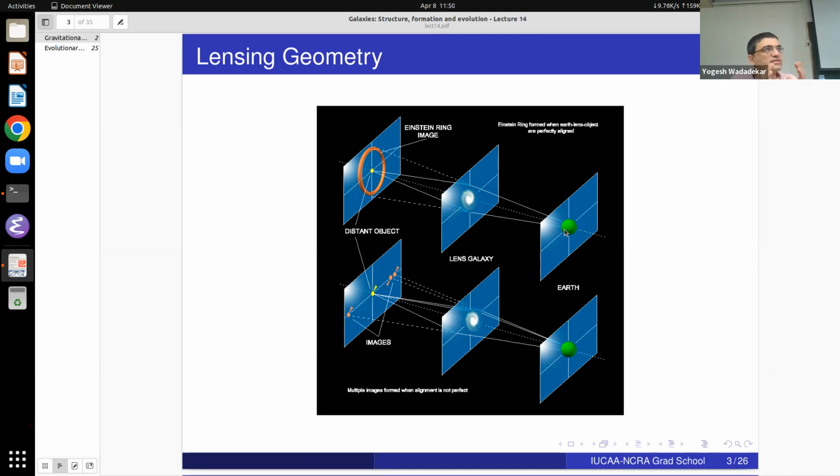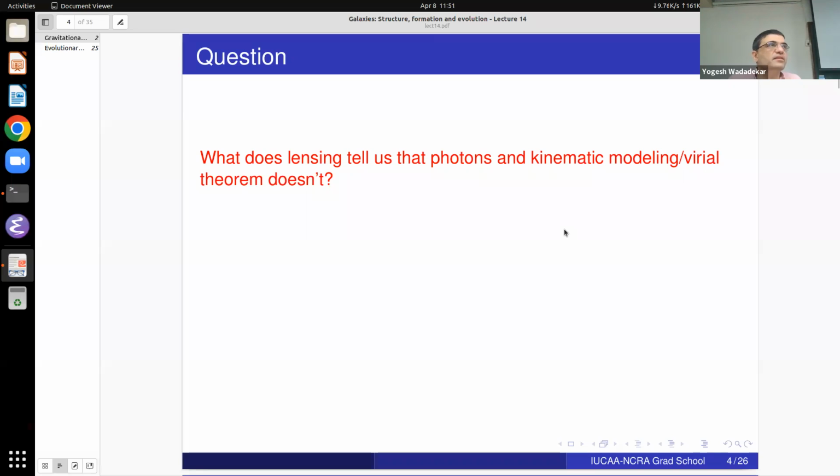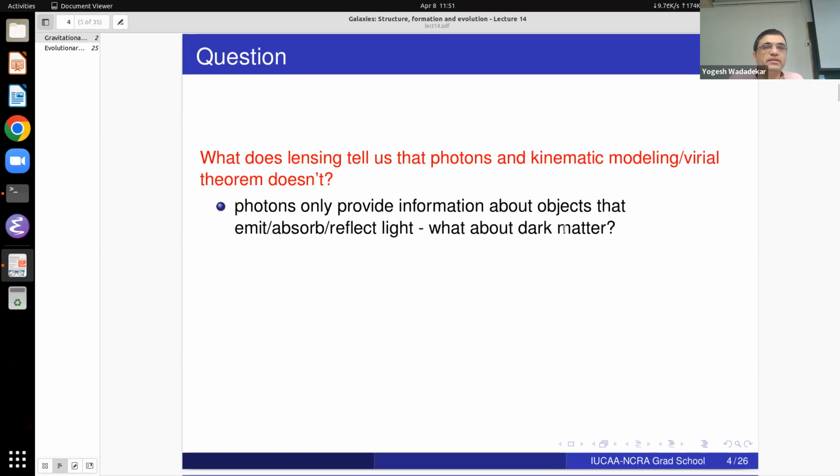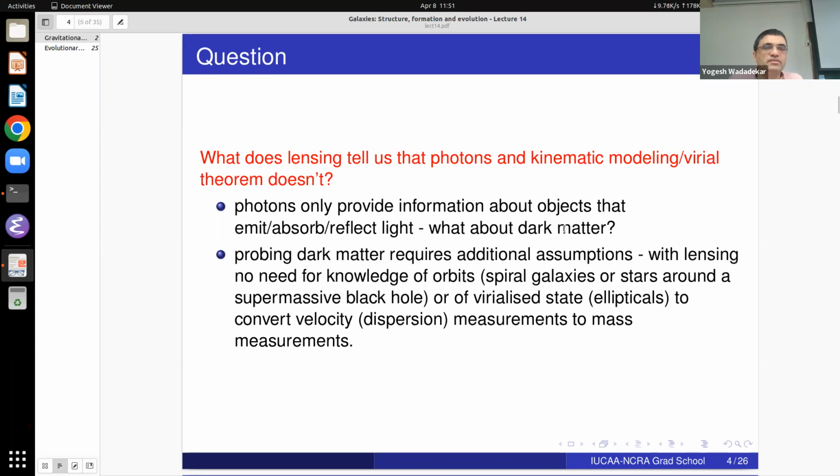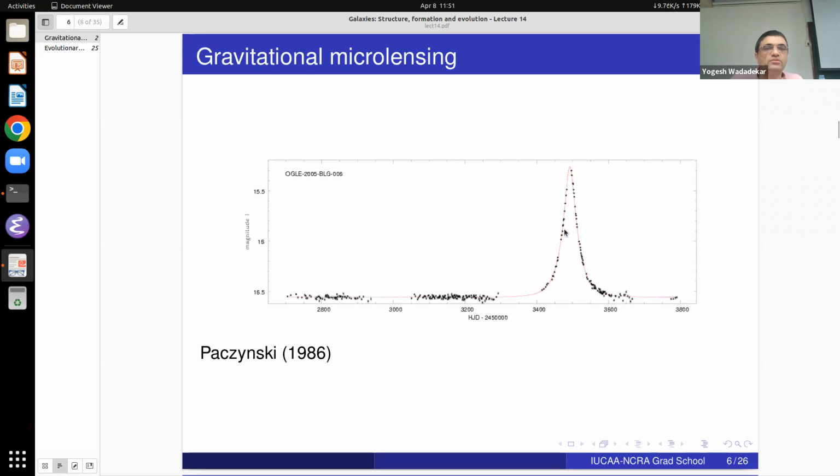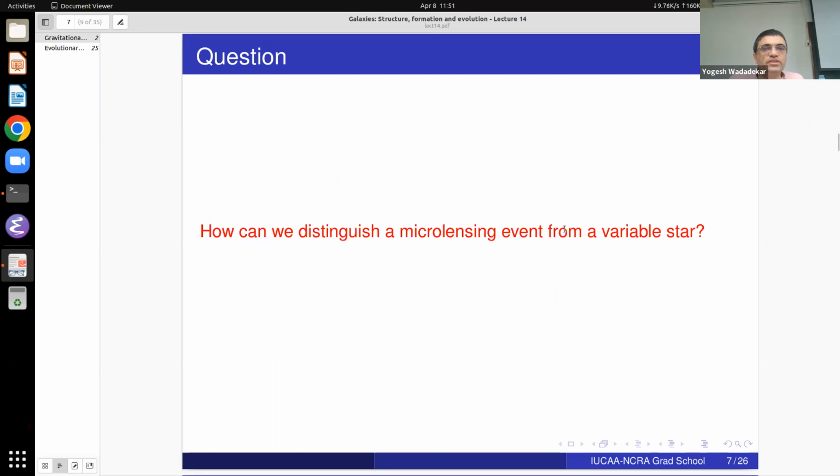It acts like a convex lens and bends the light towards us. And therefore, we see photons that we wouldn't have otherwise seen, and therefore it appears brighter. The same thing happens with stars in microlensing. So this is how we distinguish a microlensing event from a variable star.